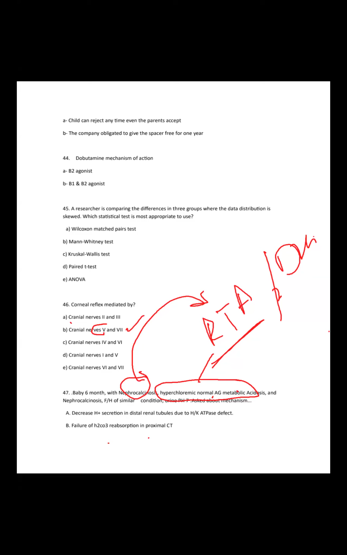So always remember metabolic acidosis, normal anion gap, two important conditions, RTA and diarrhea. RTA is associated with nephrocalcinosis. And when we talk about the different types of RTA, which RTA is associated with nephrocalcinosis? Yes, type 2 or type 1.